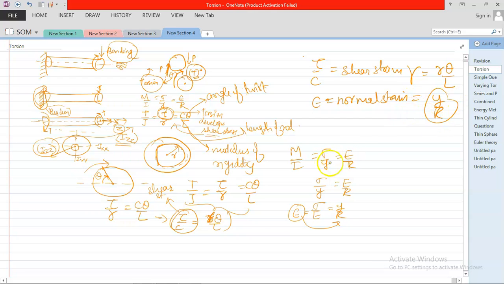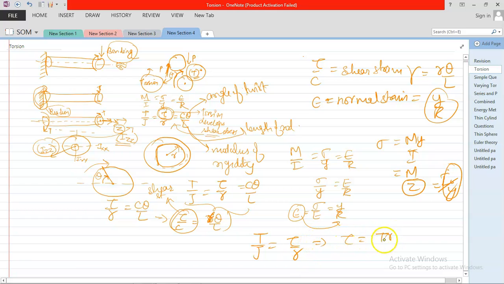Now in bending we have sigma is equal to My by I. So M by Z, Z is equal to I by Y, and it is called section modulus. In torsion, T by J is equal to tau by R. So tau is equal to TR by J, and that is equal to T by Z. Here I write ZP, otherwise you get confused.